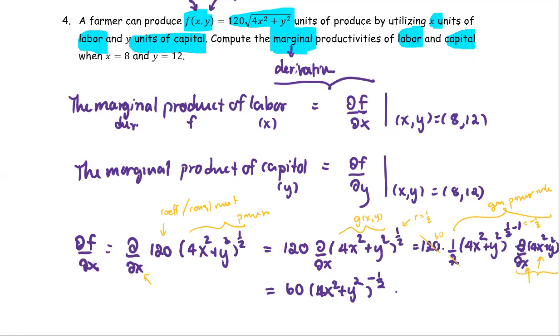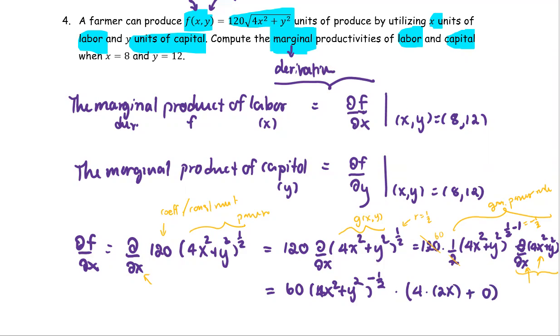Again, this is x, this is x. The derivative of y squared with respect to x is going to be 0. So that part, the derivative will be 4 times 2x plus 0.